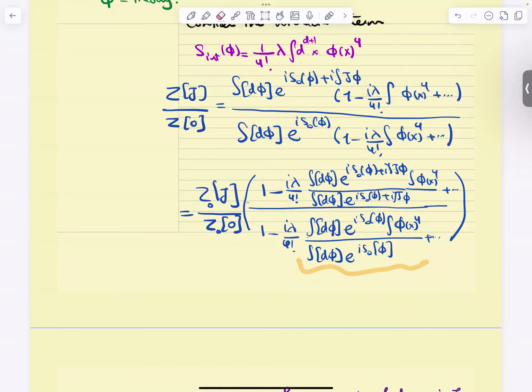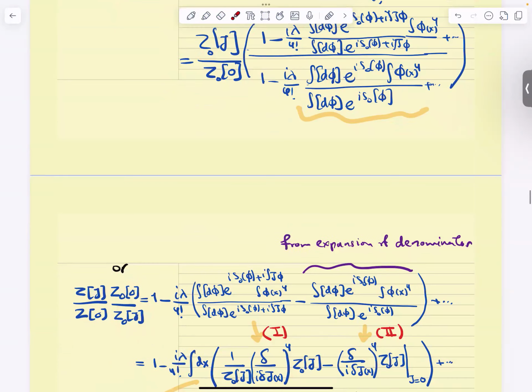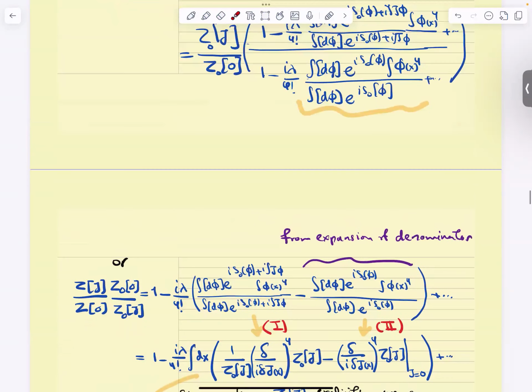Let's further expand the denominator. So we have just an expansion in lambda. It looks like this, Z_J over Z naught. These are free theory expressions we can pull out for simplicity. It's 1 minus i lambda over 4 factorial, this integral minus this integral. Let me explain.